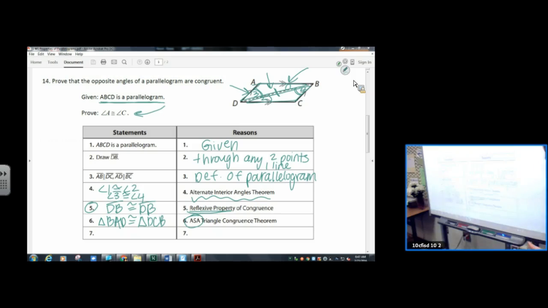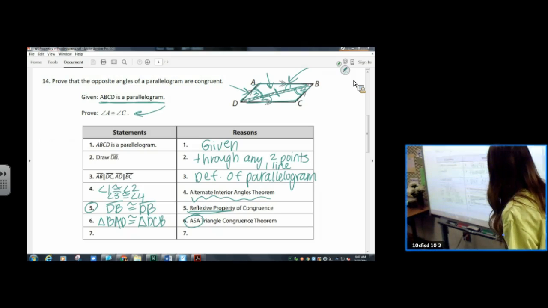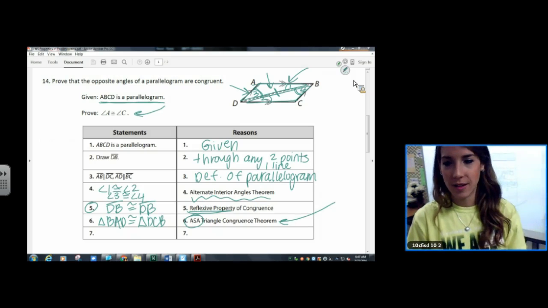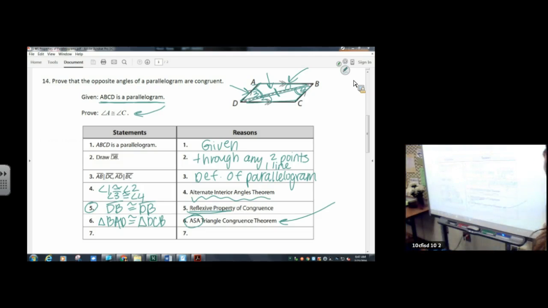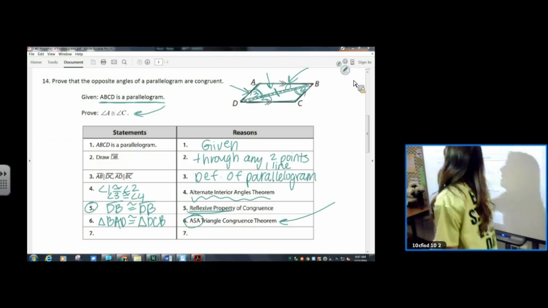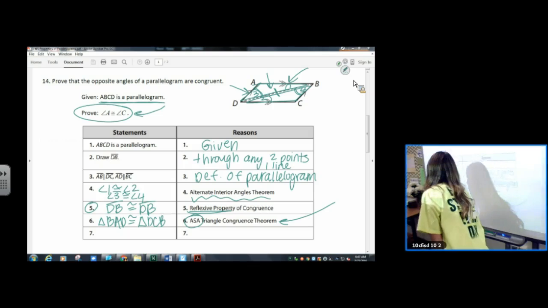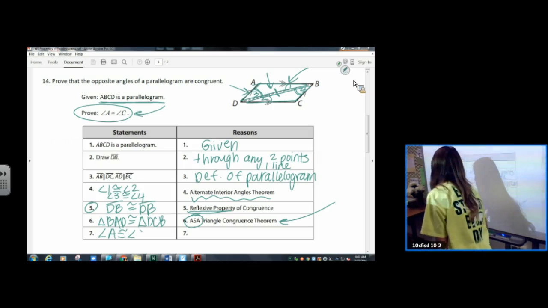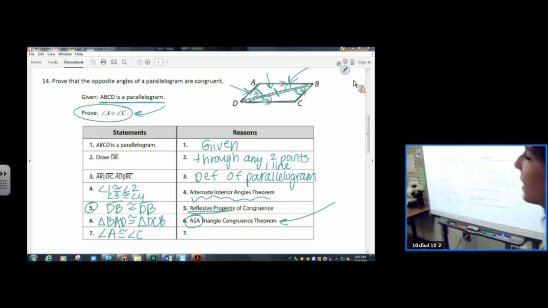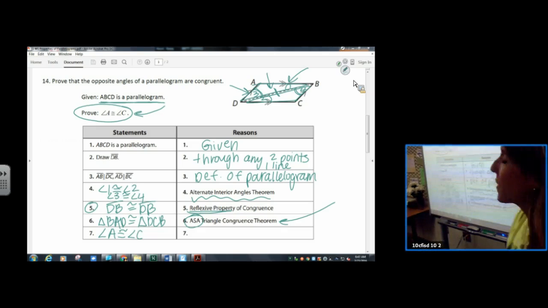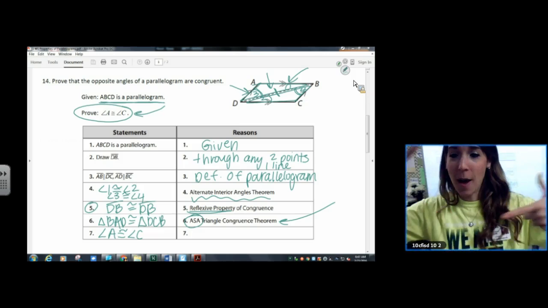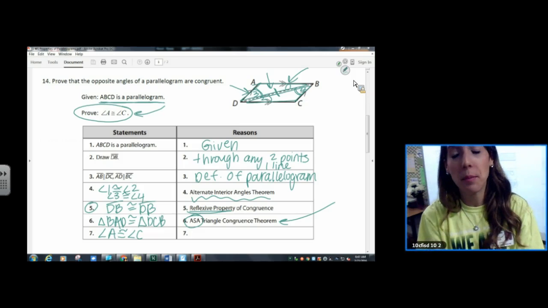So I said the triangles were congruent. The reason I knew to put that there was because my reason was a congruence theorem. We always start with the given and end with the proof. You always end with the proof. You never get that one wrong because you always end with the proof. Angle A is congruent to angle C. And don't put the reason why is because opposite angles are congruent. That's what we were trying to prove.